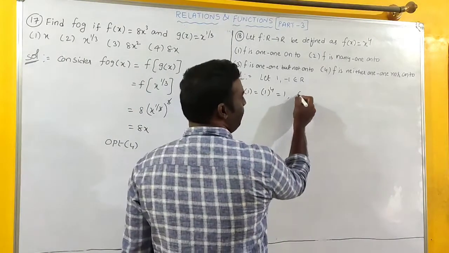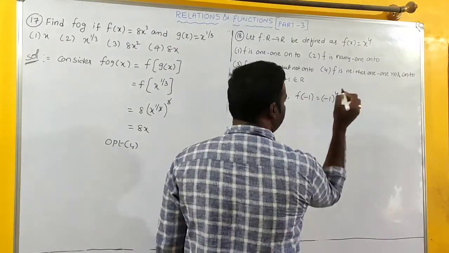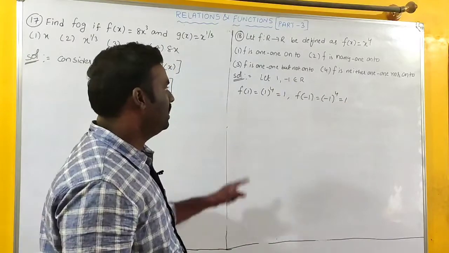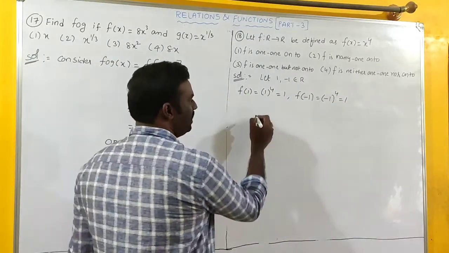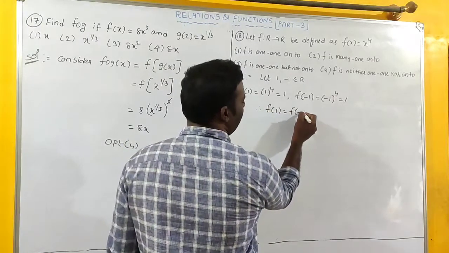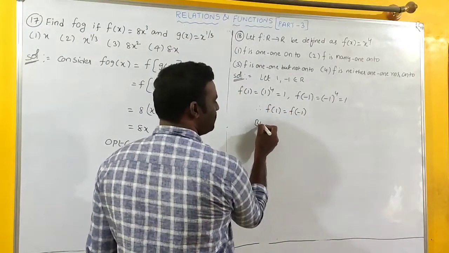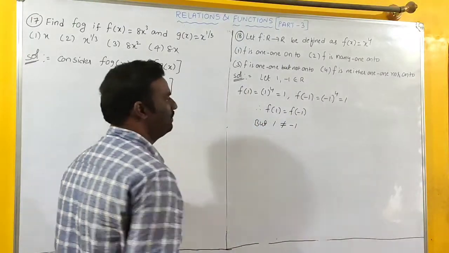I will find f of minus 1, minus 1 power 4, that is also 1. Finally we got f of 1 and f of minus 1 both the same. Therefore f of 1 is equal to f of minus 1, but 1 is not equal to minus 1.